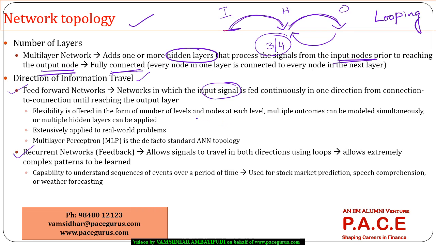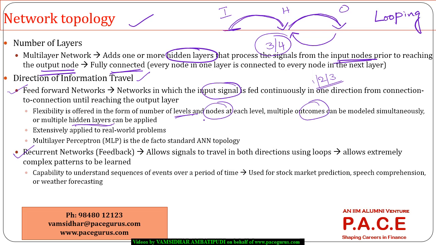The flexibility is with respect to how many layers I have to build, how many nodes are at each level, which means how many hidden nodes are required in each of the layers, and if there are multiple outcomes, how I can model all those outcomes, and if I require more hidden layers.